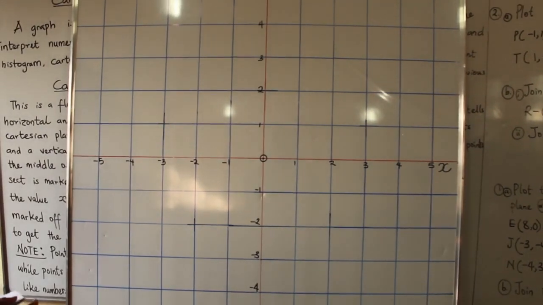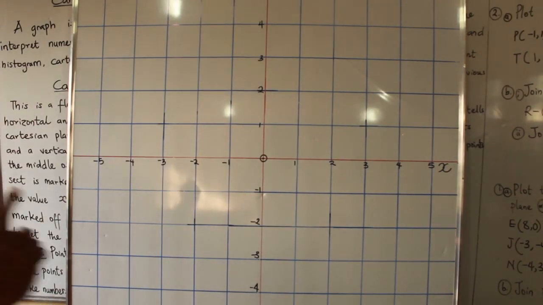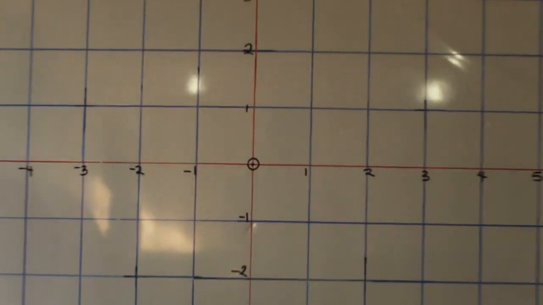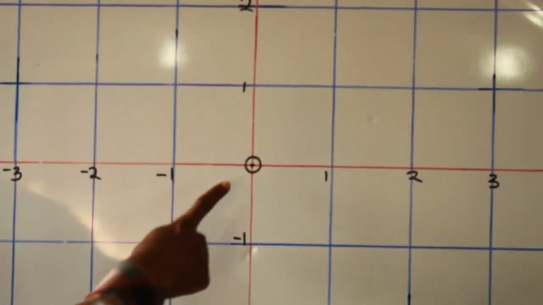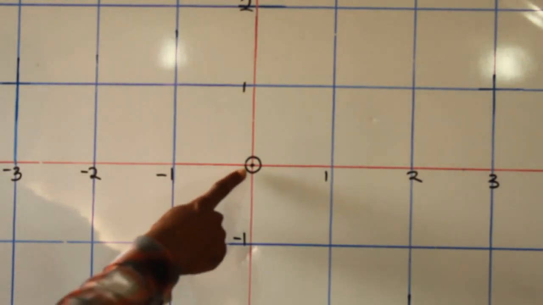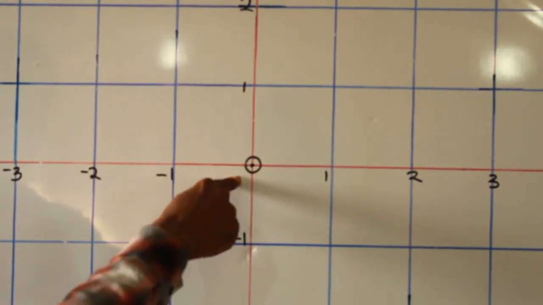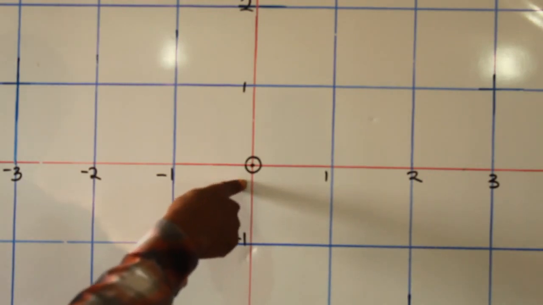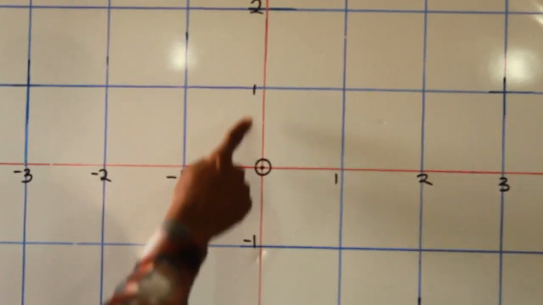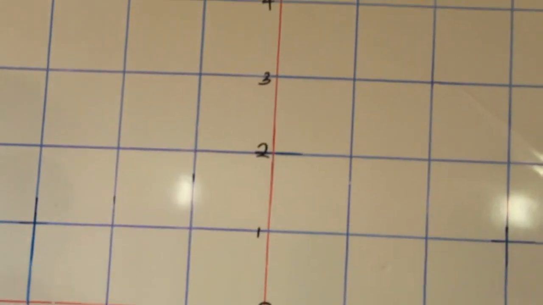Okay, we're going to plot the point M, which is (0, 3). Remember, every point must be plotted with respect to the origin, 0. Now, this is point 0, and our M is (0, 3). 3 is on the y-axis, so it's 1, 2, 3.